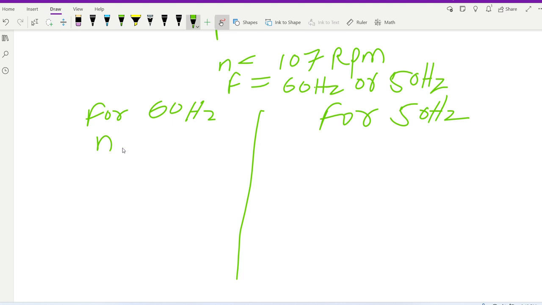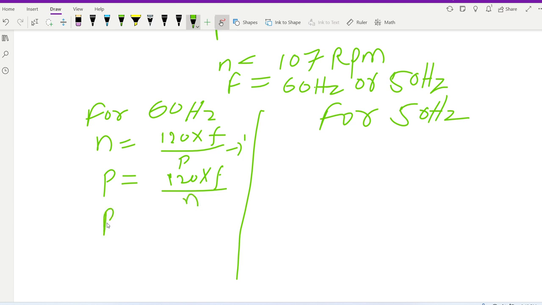So the formula is N equals 120 multiplied by F divided by P. If I have to find the number of poles, then I will rearrange this formula. So P will come out here, and here 120 multiplied by F, then divided by N. Here P equals 120.